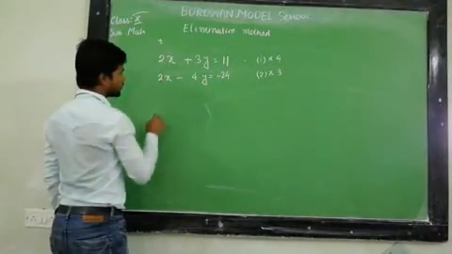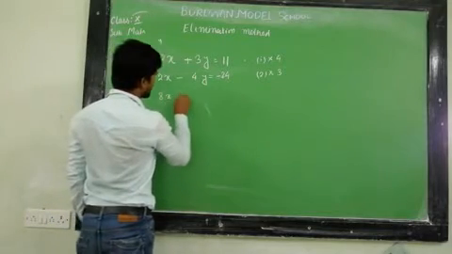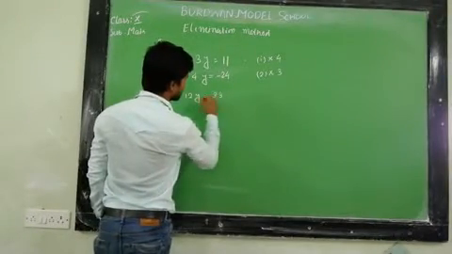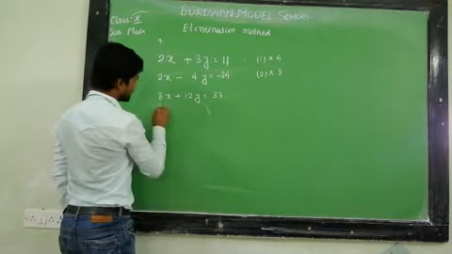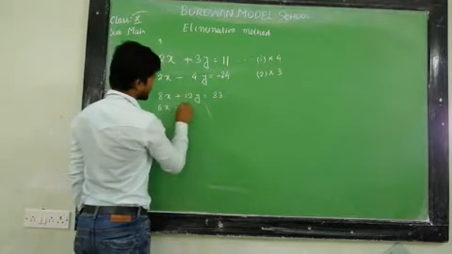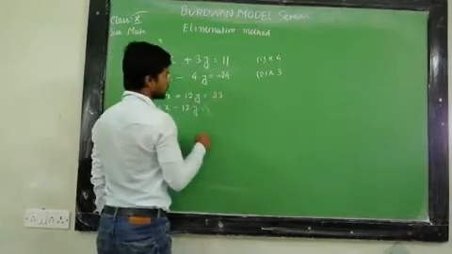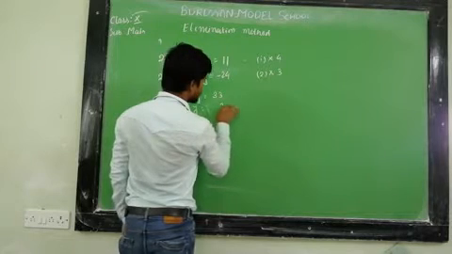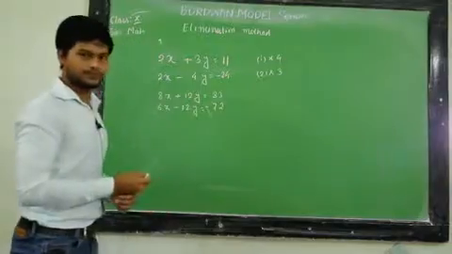If I multiply the first equation by 4, it will be 8x plus 4 threes are 12y is equal to 44, and this equation becomes 6x minus 12y is equal to minus 24 into 3, that is minus 72.